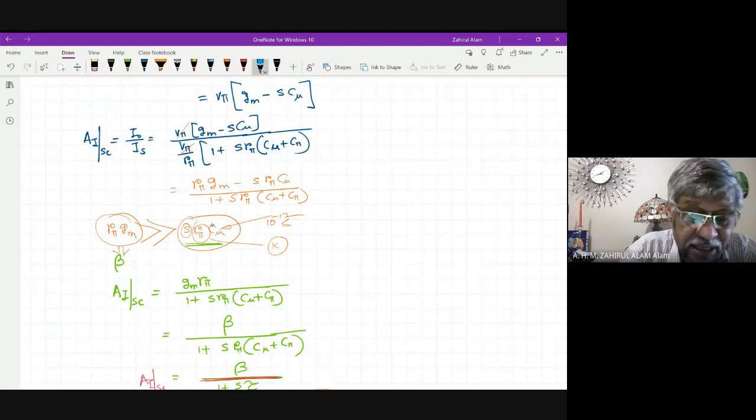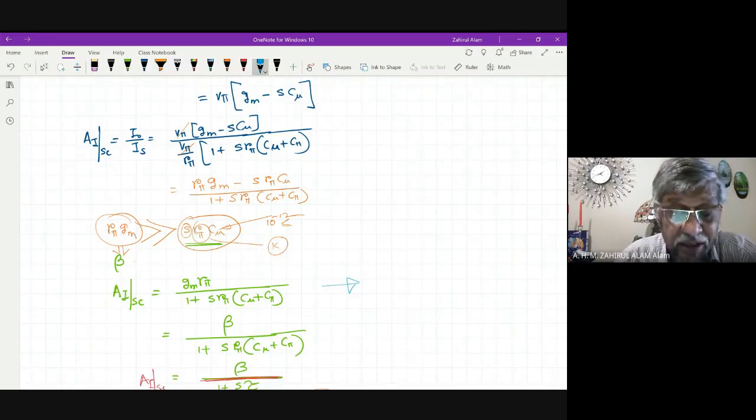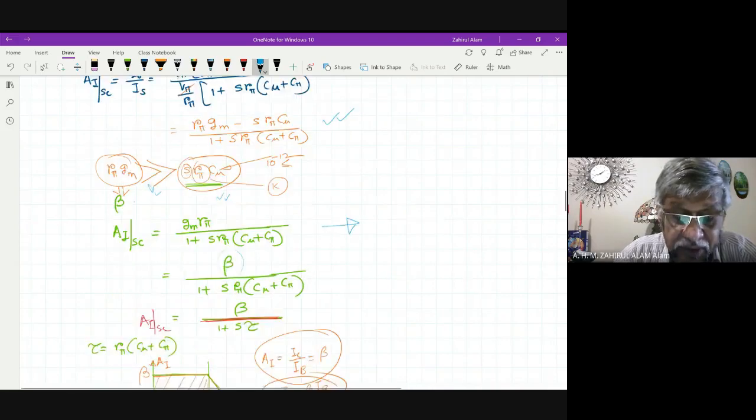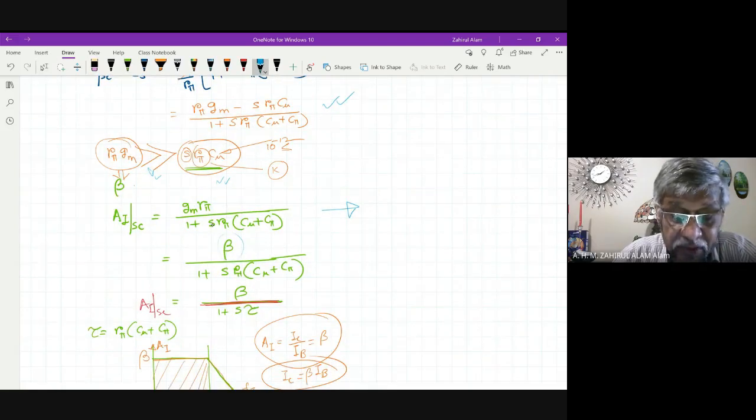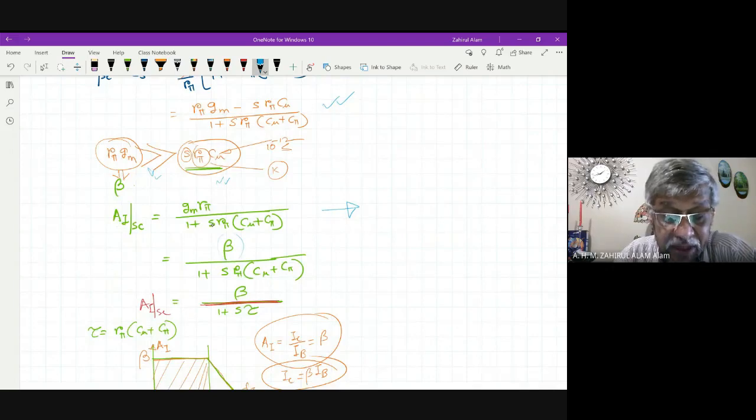After simplification from this equation, we mention this parameter is much larger than this parameter, so we can write the transfer function in terms of tau.